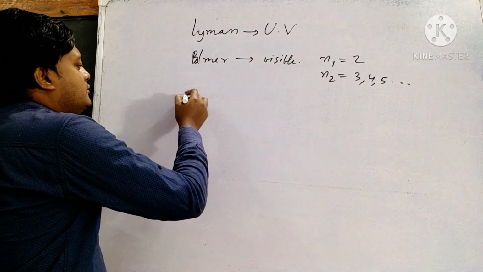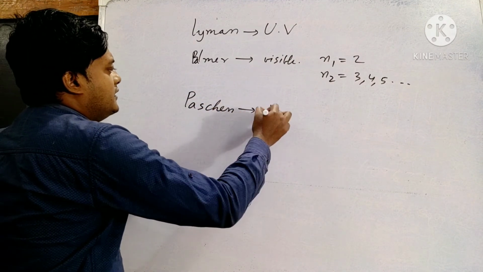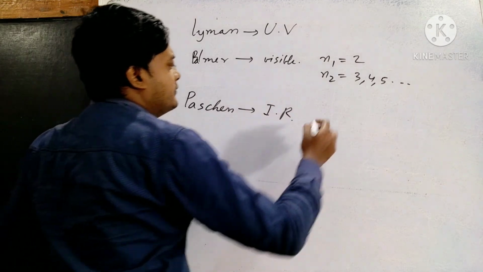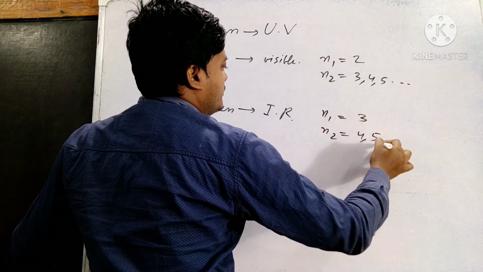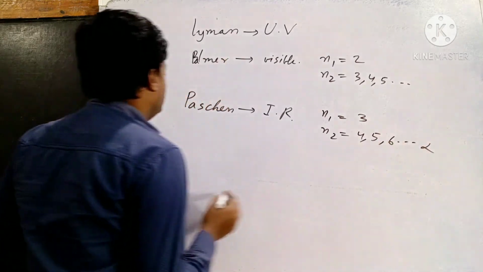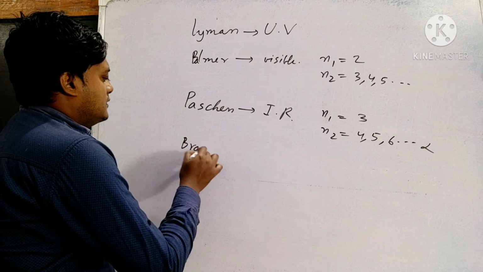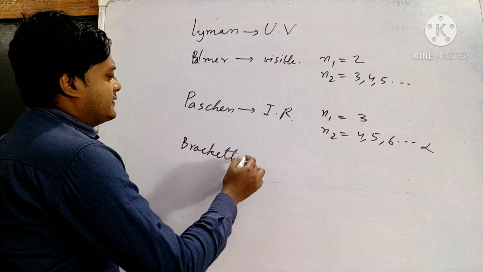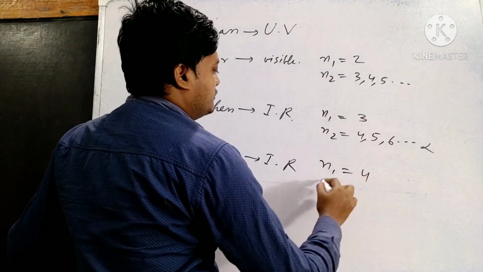And the third one, Paschen, lies in the IR, infrared region, with n1 equal to 3, n2 equal to 4, 5, 6. Next, Brackett, which is also in IR, has n1 equal to 4.